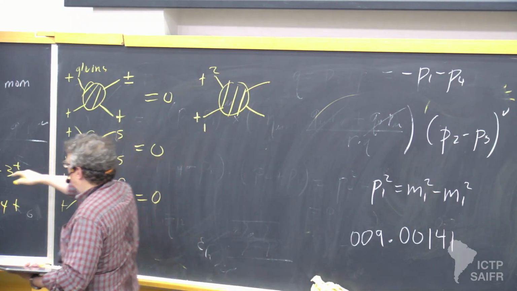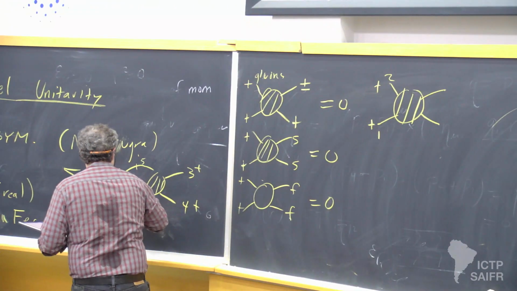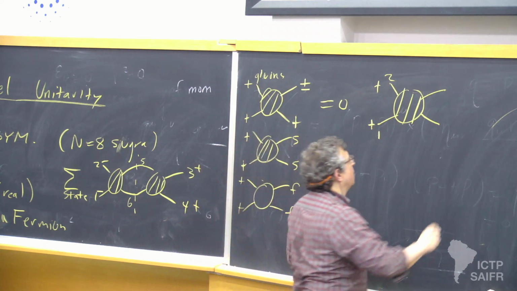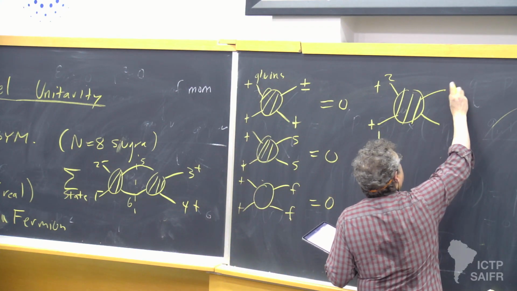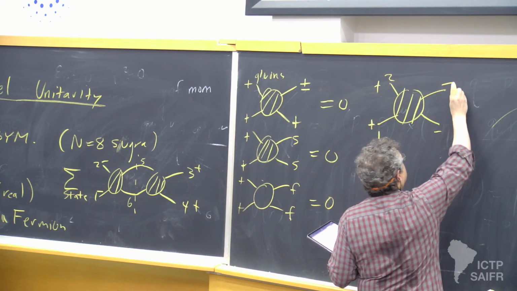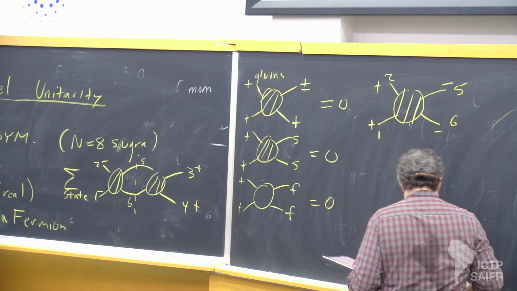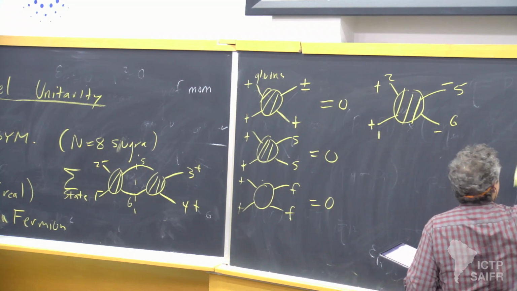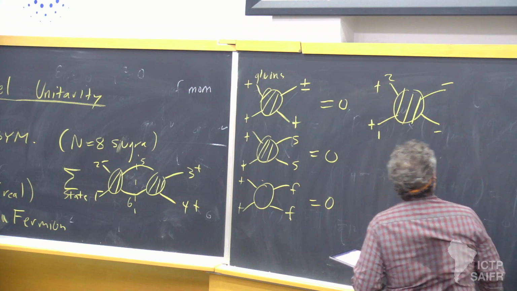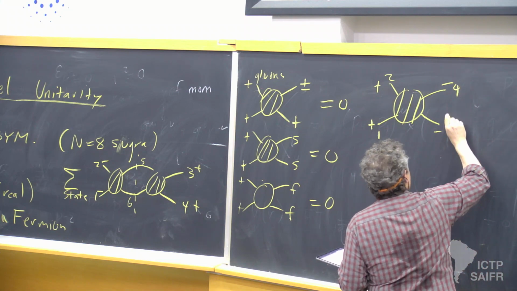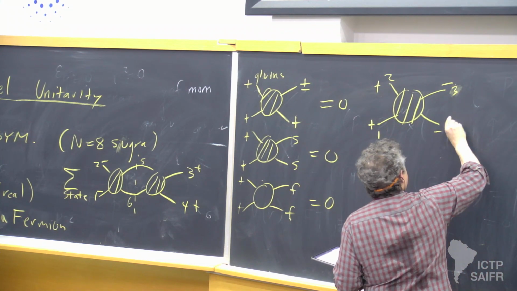I don't want to use 3 and 4. Let me use 5 and 6, for example. Then this is minus, and this might be 5 and 6. Or maybe I'll just relabel it when I need it. Okay, 3 and 4. How about that?